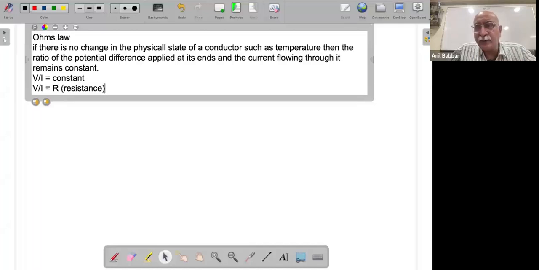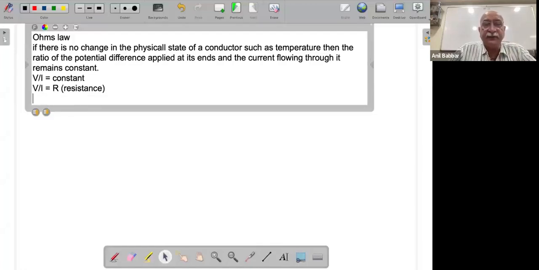Resistance is otherwise the obstruction which is caused to the flow of the electrons passing through the conductor, right? And the unit of resistance is ohm. That's the omega symbol for that.